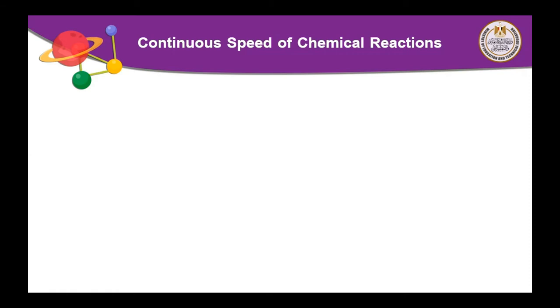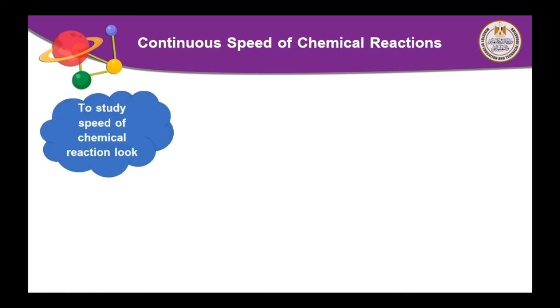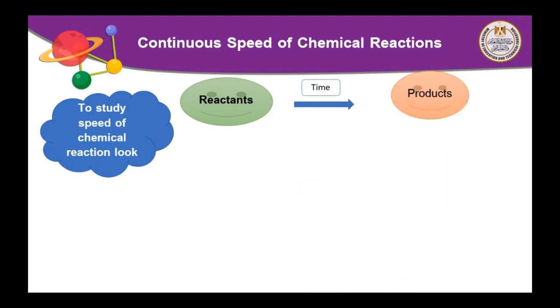So, chemical reactions can be classified according to their speed into four types: very fast, relatively slow, very slow, and too slow. What are the factors which we can use to identify the speed of the chemical reaction?